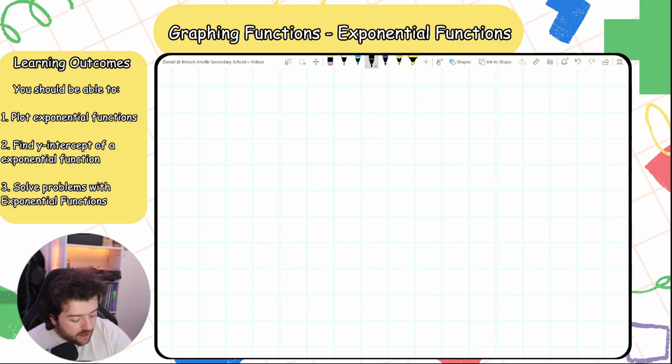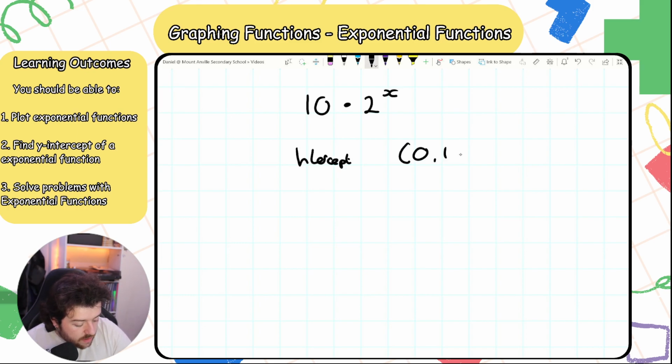For example, if I have 10 times 2 to the power of x, using a dot for multiplication here, my y-intercept will be (0, 10). If I had 27 times 5 to the x, my y-intercept will be (0, 27).